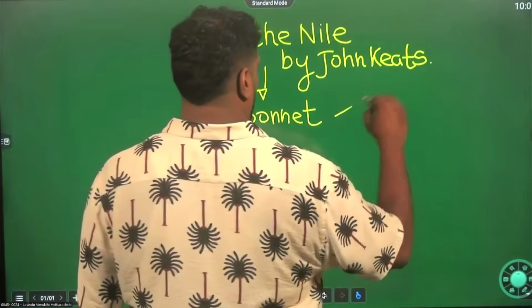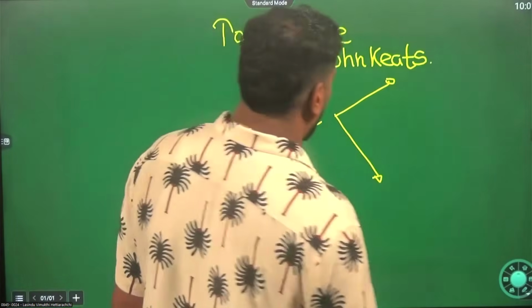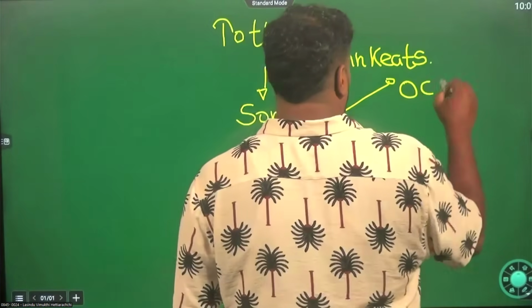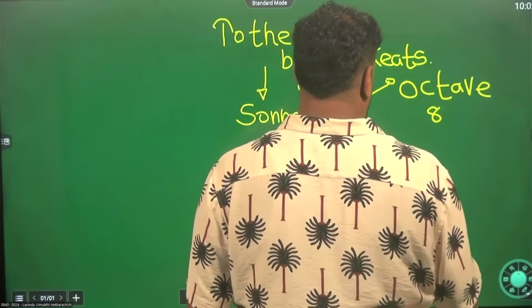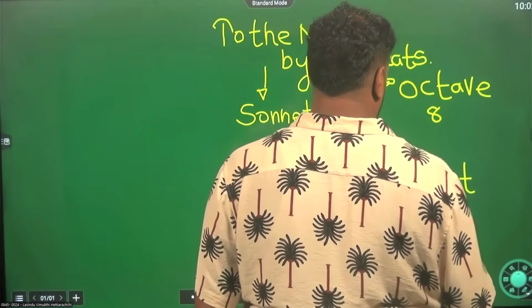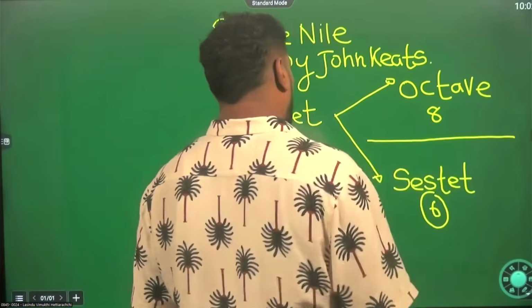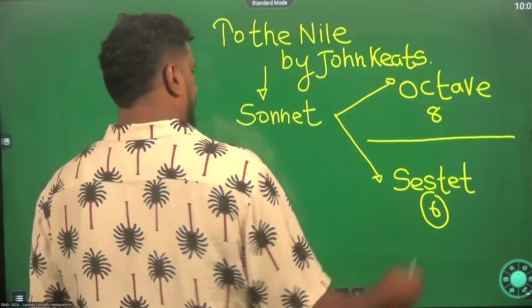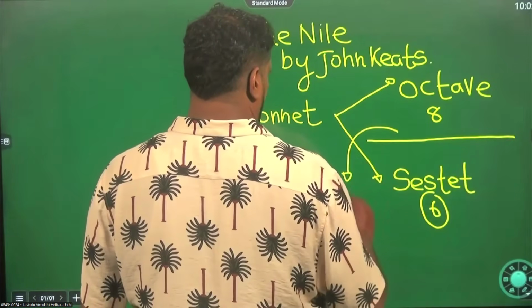So basically the sonnet can be divided into two parts. We have the octave, which refers to the first 8 lines of the poem, and then we have the sestet, which refers to the next 6 lines. The line which divides the octave and the sestet is known as the volta line.